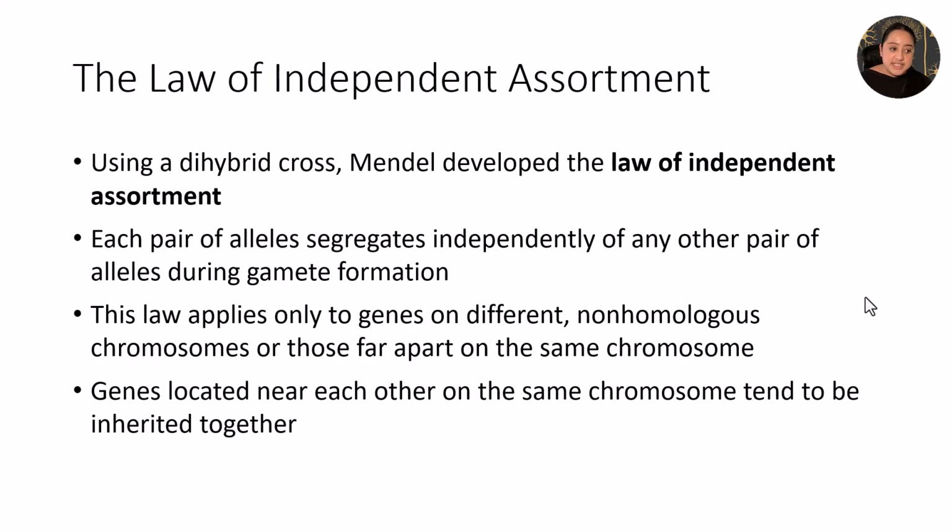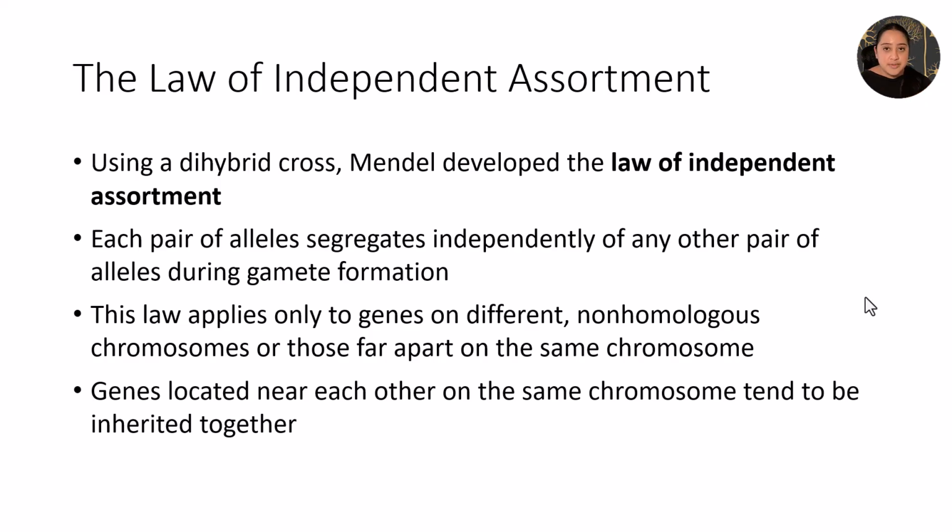And so in a way, he did get really lucky, based on the traits he was studying, because this law only applies to genes that are on different, non-homologous chromosomes, or if they're far apart on the same chromosome, then we don't see them get passed along together.